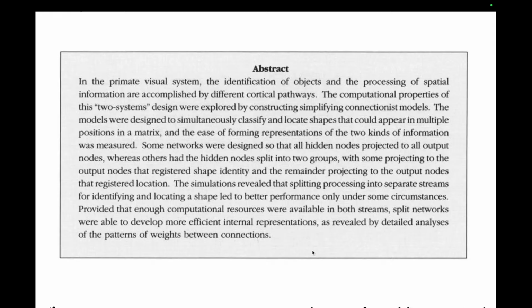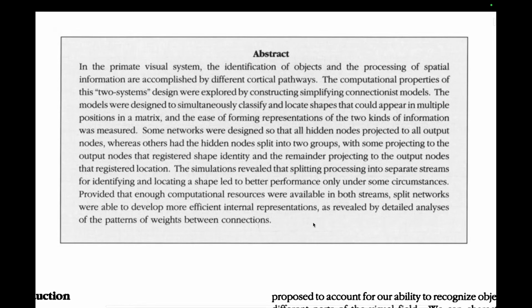Now, the computational properties of this two systems design were explored by constructing simplifying connectionist models. Now, connectionists believe that a unit corresponds to an area on the neuron, which therefore leads to an output which can contribute to a system/network, rather than taking the whole neuron or the entire area as a whole, the specific regions or areas, right?